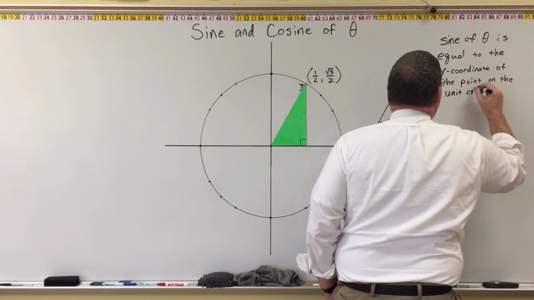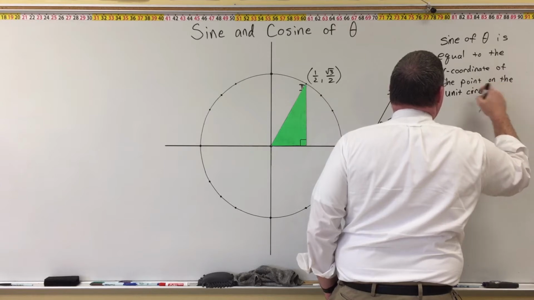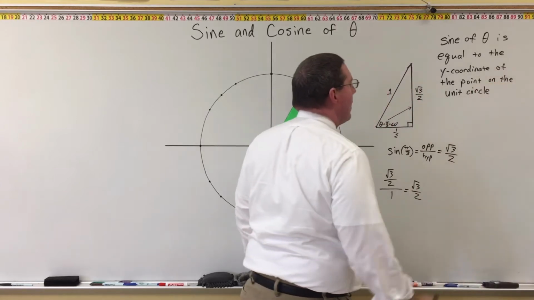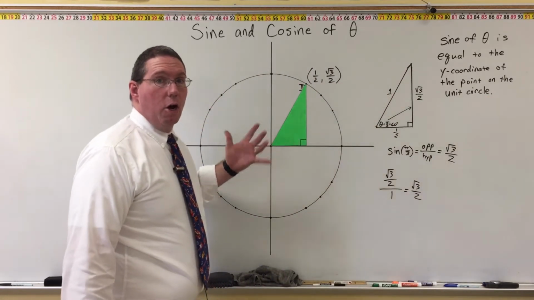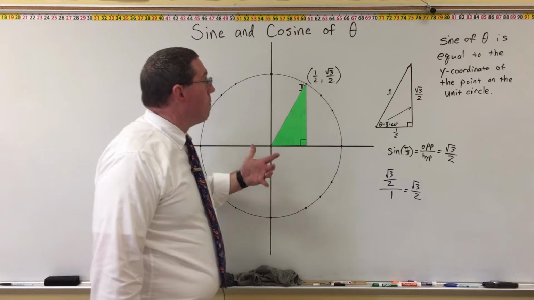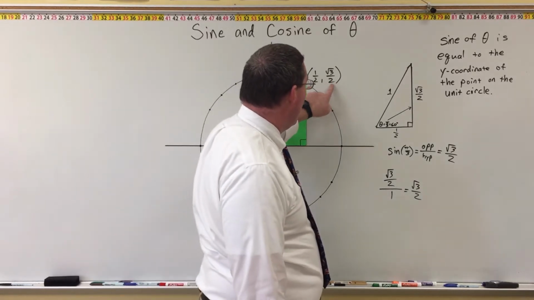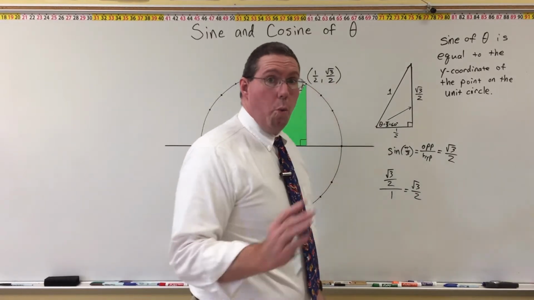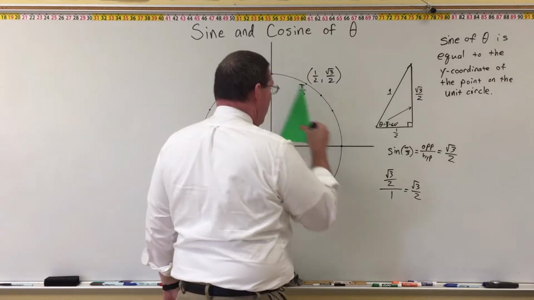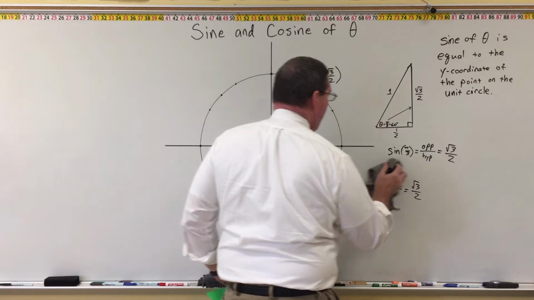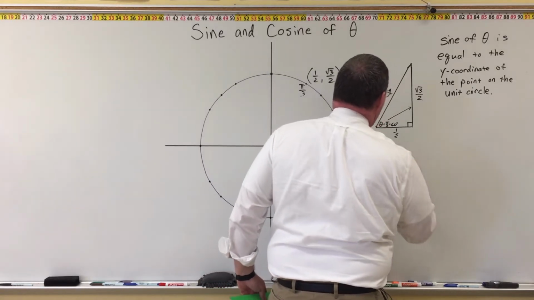And so now we're beginning to understand why we can use the unit circle to understand our trigonometric ratios. It's because for these points on the unit circle, the y coordinate is always the sine of the angle. Okay? All right, well now let's talk about the cosine of the angle.